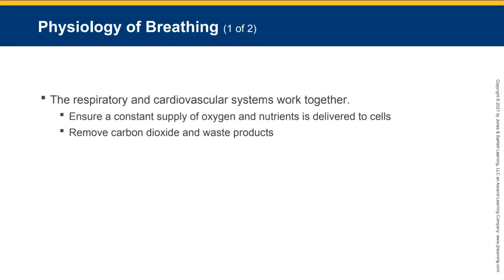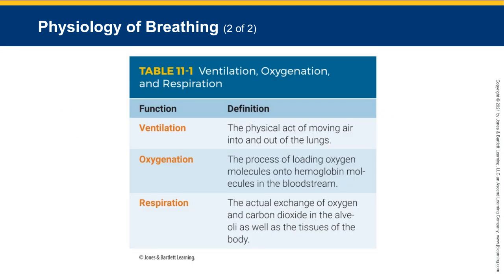The respiratory and the cardiovascular system work together to ensure a constant supply of oxygen and nutrients is delivered to cells, and to also remove carbon dioxide and waste products from the body. The physiology of breathing will focus on ventilation, oxygenation, and respiration.